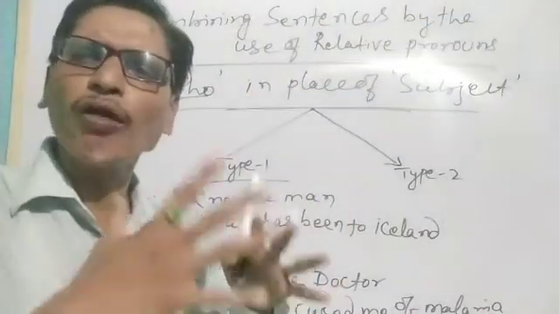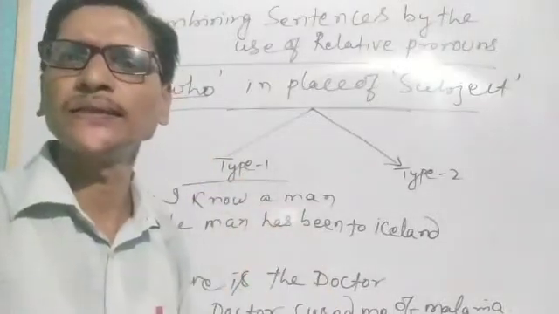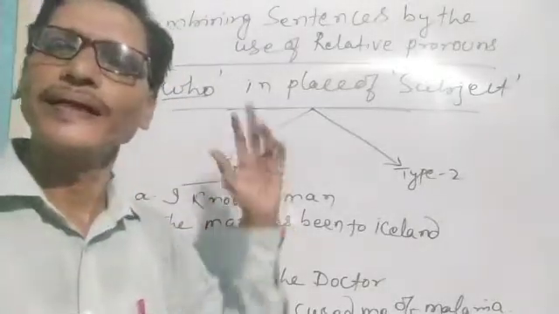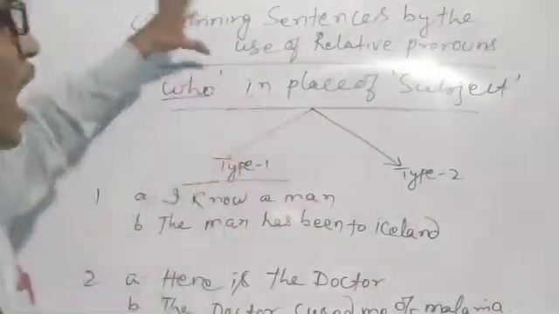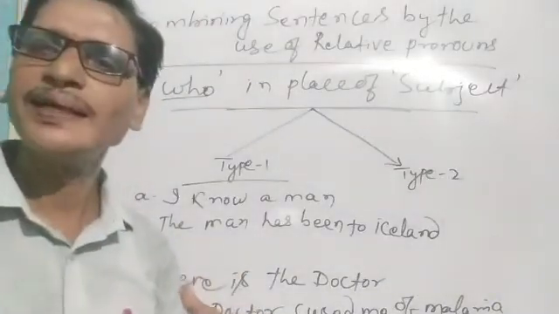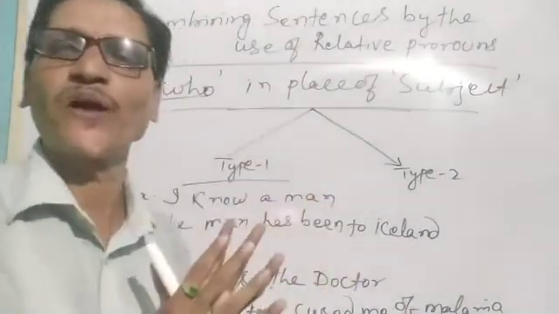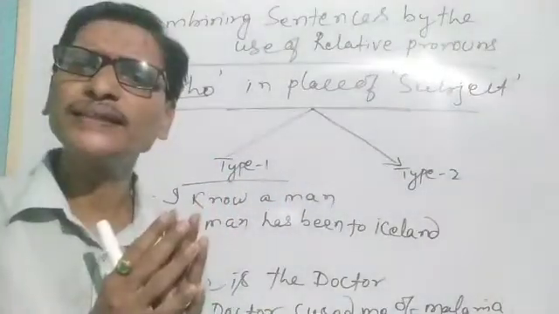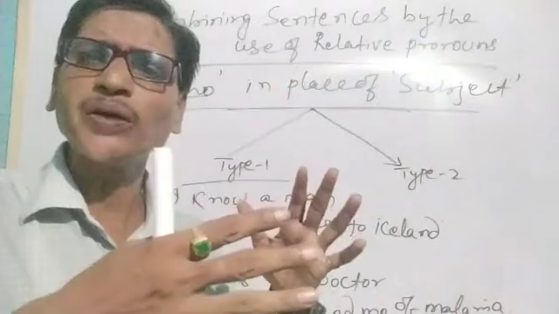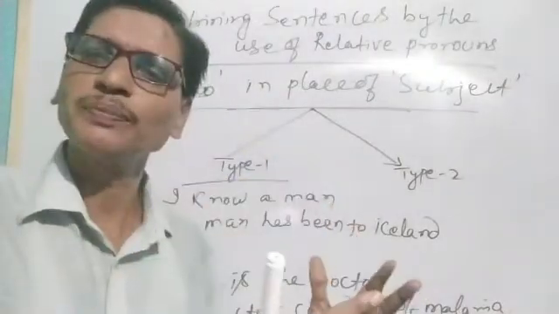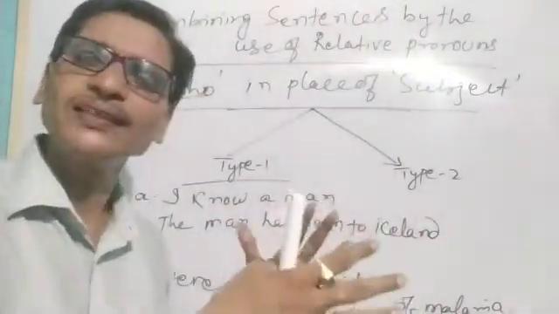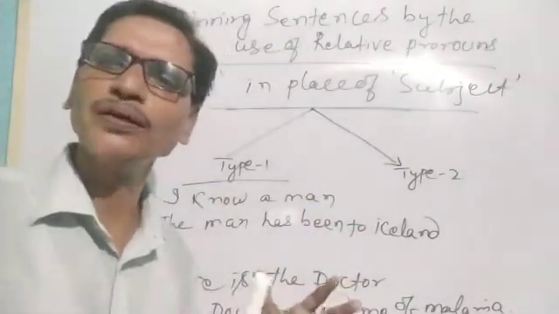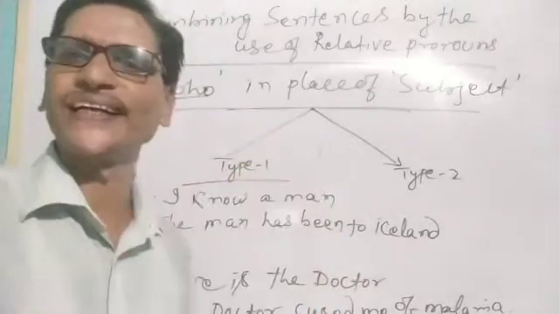So how can we combine two sentences using the relative pronouns? As far as we are talking about the use of who for persons, let us have an idea of how we can combine two sentences by using who.